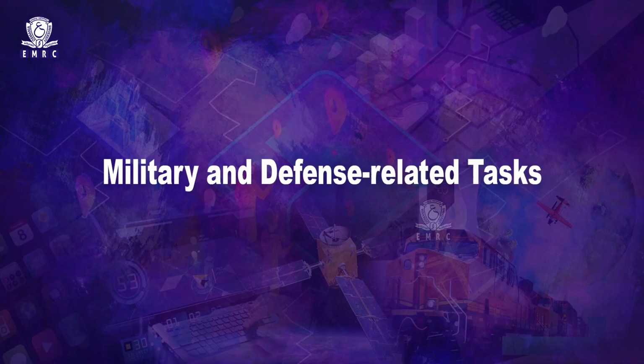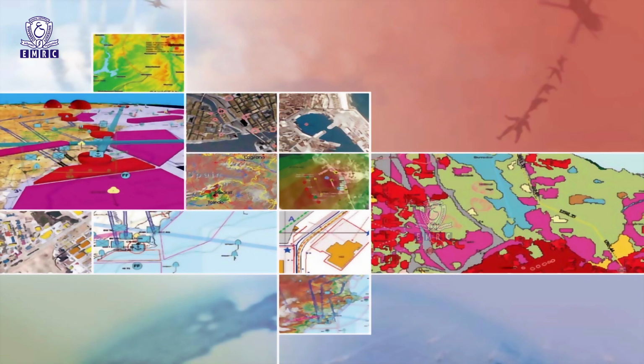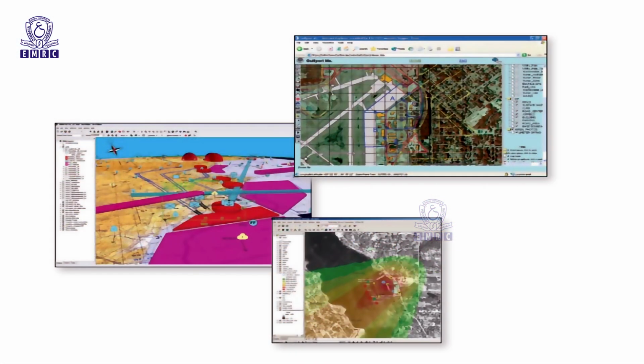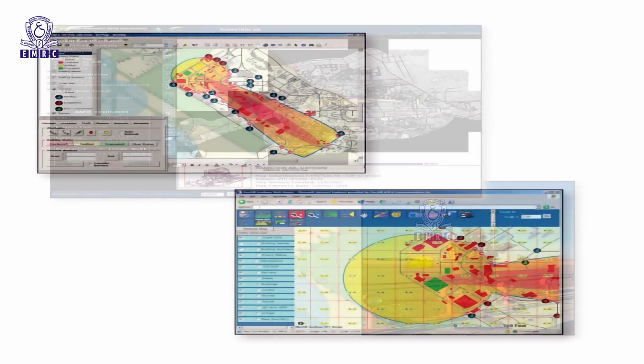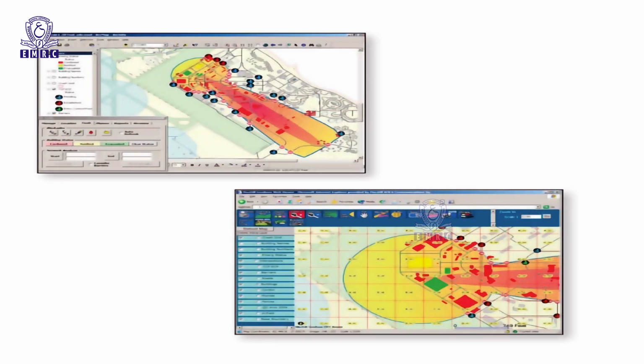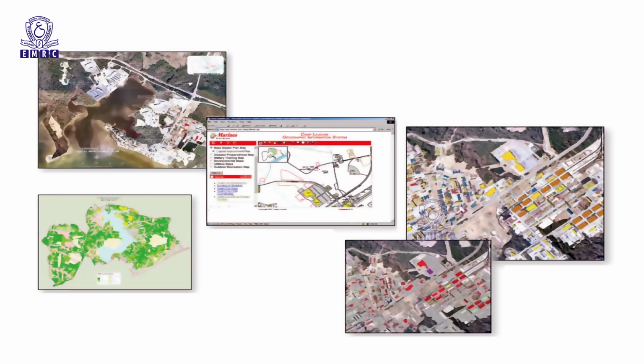Military and defense-related tasks. The military and intelligence communities are taking advantage of the GIS toolkit, which includes tools specifically targeted at those users. By combining top secret satellite data and visual evaluation from unmanned aerial vehicles with the power of GIS and existing datasets, defense departments can evaluate troop movement, target artillery fire, test scenarios, perform supply and logistic operations, and monitor borders.